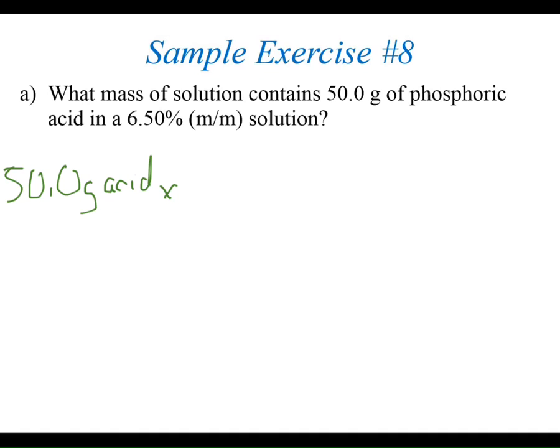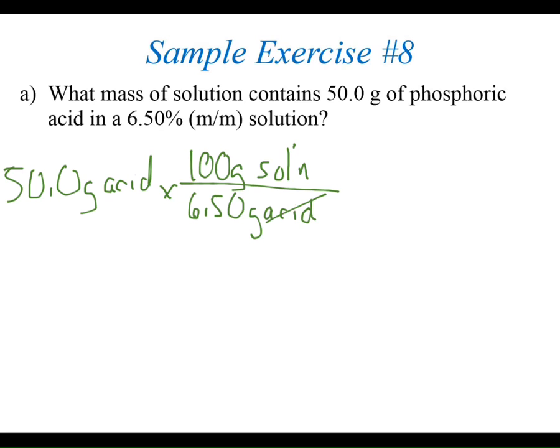I want grams of solution. Oh, well, that 6.50% tells me the ratio of acid to solution, right? And it tells me there's 6.50 grams of acid per every, what? 100 grams of solution.